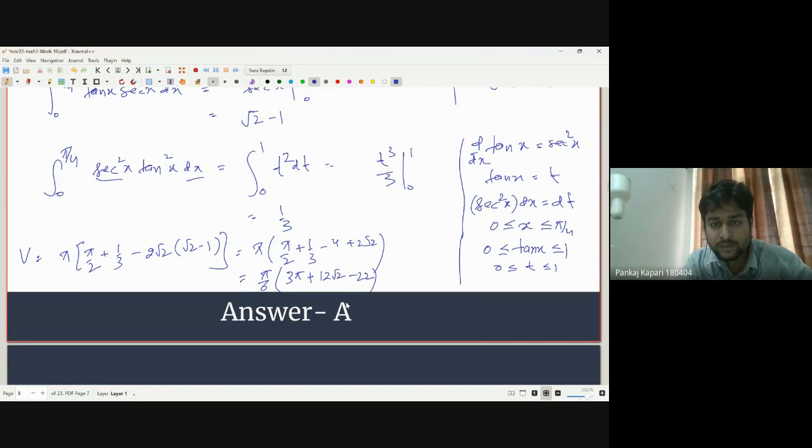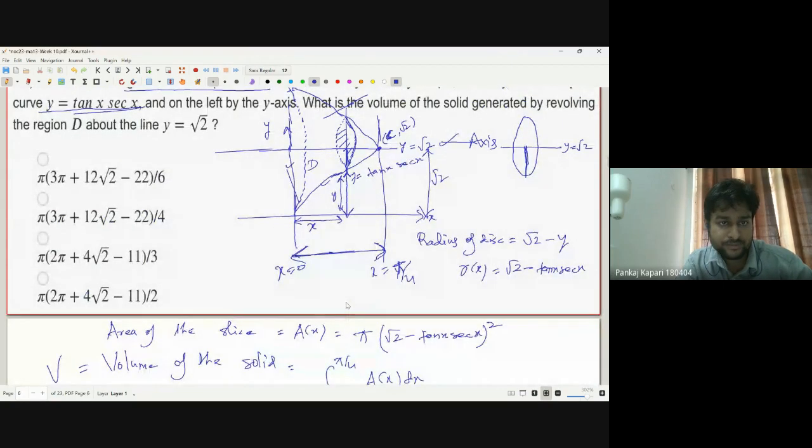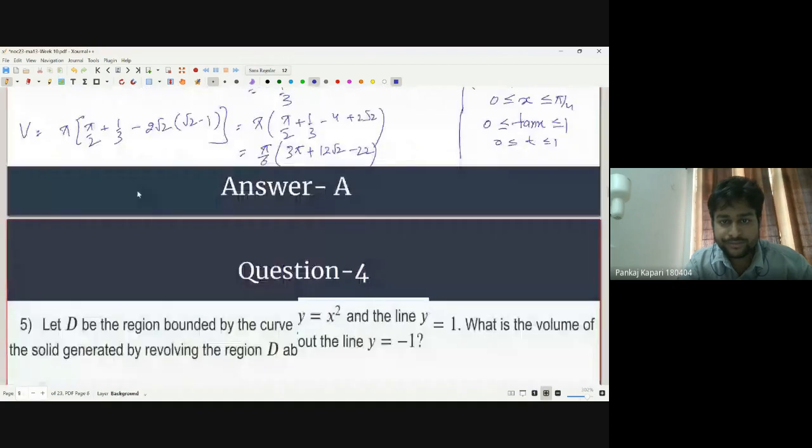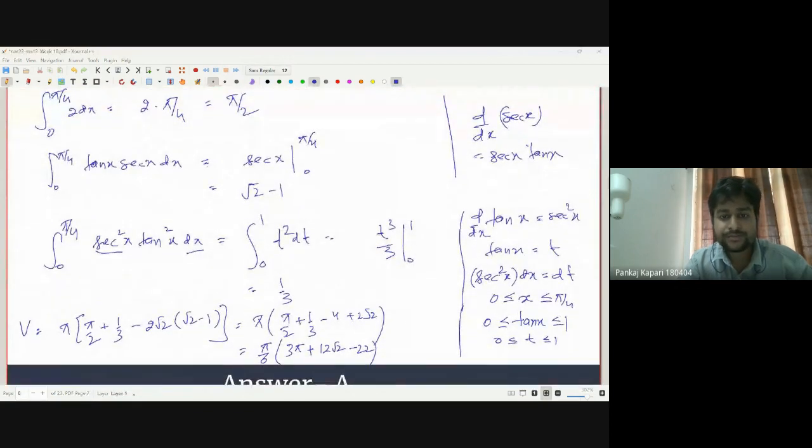Pi by 6 times (3 pi, 12 root 2, minus 22). I think so. The first option is correct here. So we got the volume. Any questions?